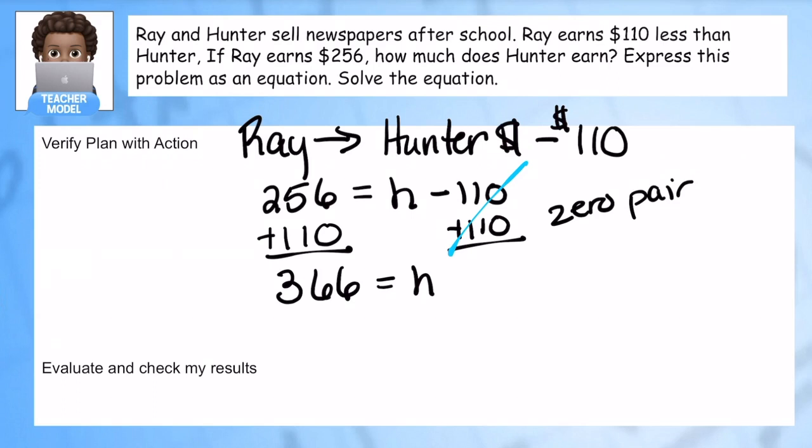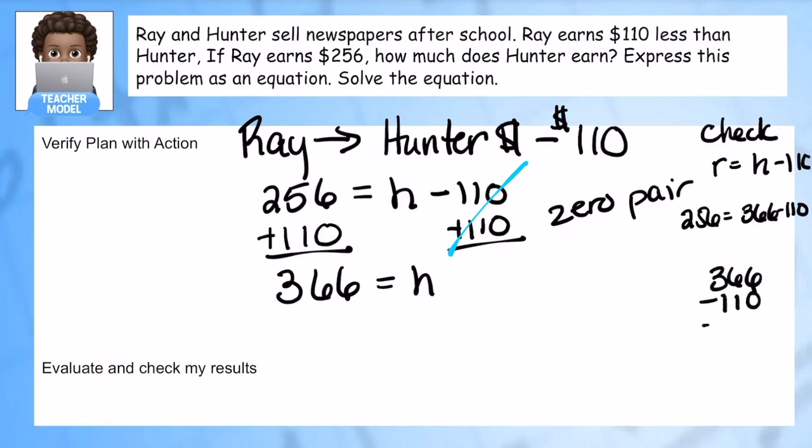So after I do that part, I do want to do a check. And we said that Ray's amount is equal to whatever Hunter has minus 110, so we're going to just sub those parts in. So 256 is equal to 366 minus 110. And yeah, that's true. That is a true statement. All right, so perfect. We have our equation.